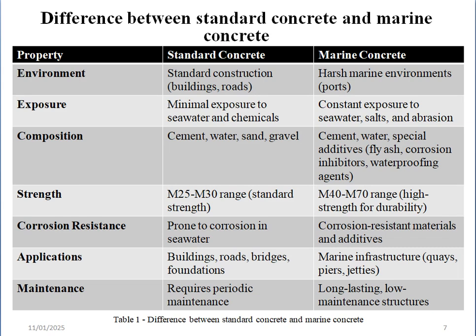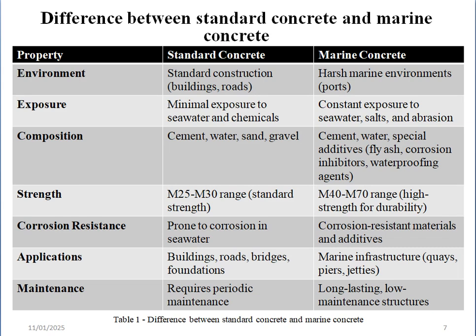Marine concrete, on the other hand, consists of cement, water, and special additives like fly ash, corrosion inhibitors, or waterproofing agents. Strength: the standard concrete has standard strength and ranges from M25 to M30, whereas marine concrete ranges from M40 to M70, which is high strength for durability. Corrosion resistance: standard concrete is prone to corrosion in seawater, whereas marine concrete has corrosion resistant materials and additives added in order to reduce corrosion.